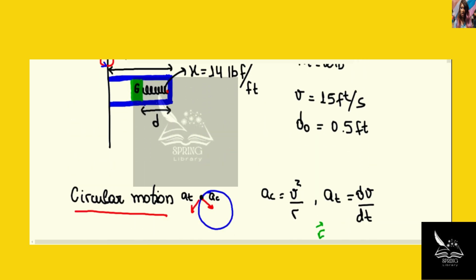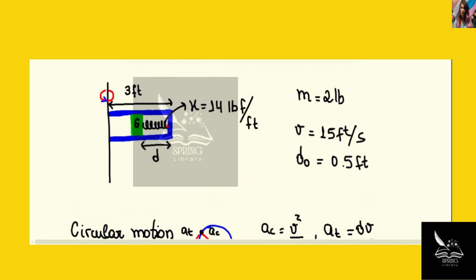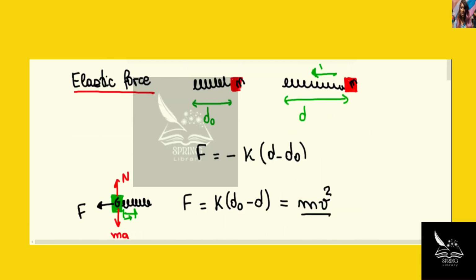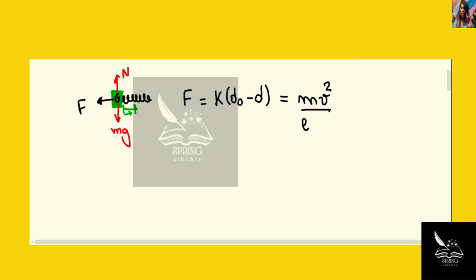And notice that the radius of rotation is 3 feet, which I'm going to call L, minus the length of the stretched spring, which is d. So we have L minus d. So we have to solve this equation here: k times d0 minus d is equal to m v squared divided by L minus d.